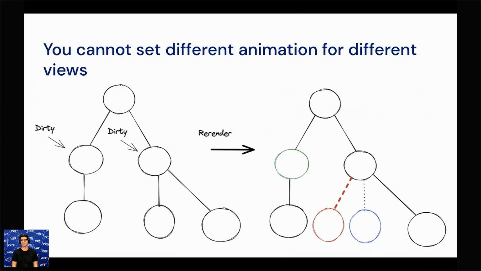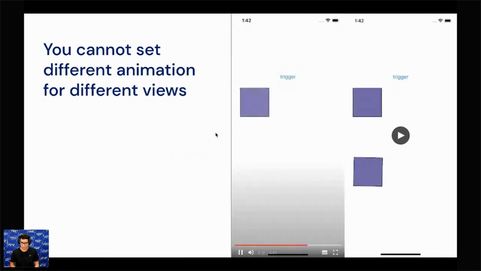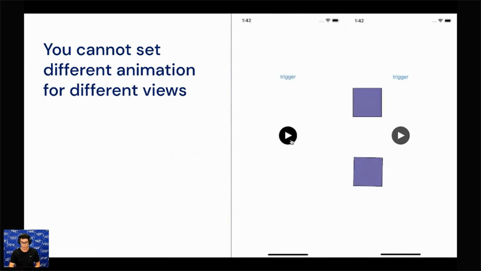For example, you may want to set a different animation for different components because they are in completely different subtrees, in completely different contexts, and you just want to use different animations there, or you may just want to change the delay of those animations based off their position, and that's also not possible currently with layout animations from React Native.